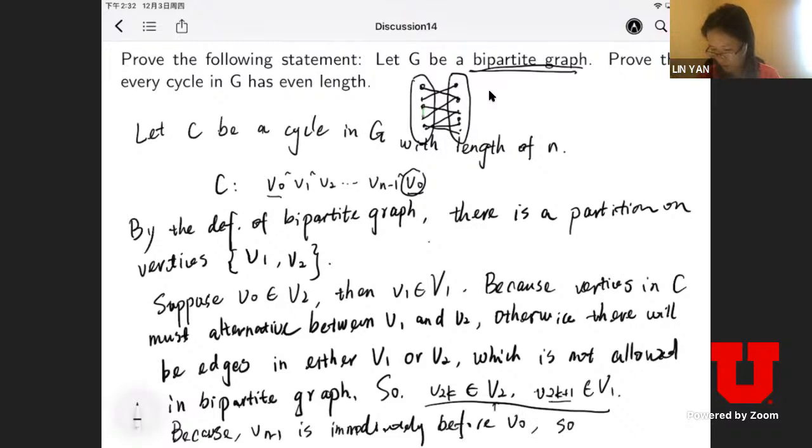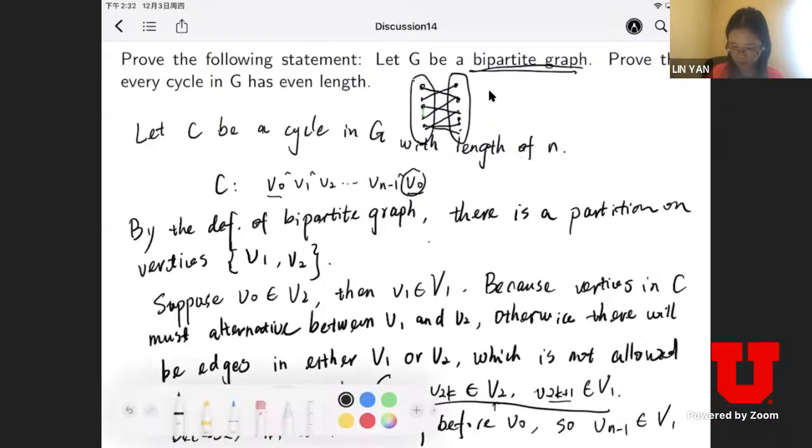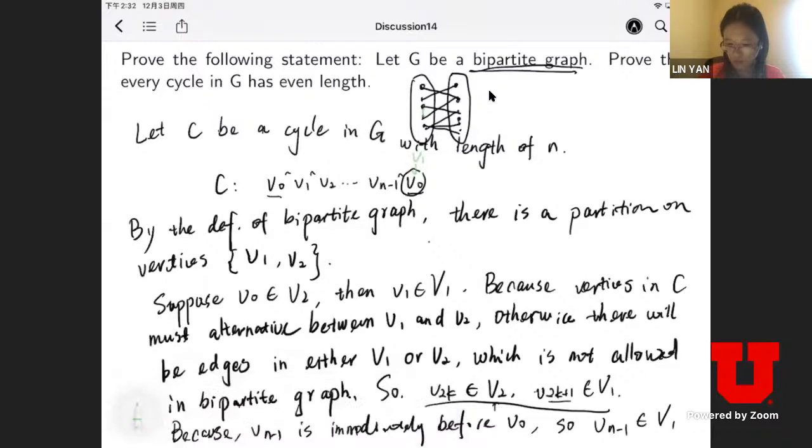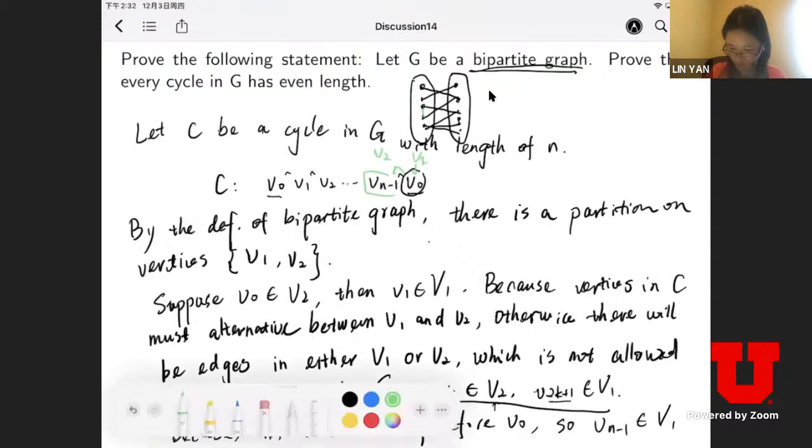Oh, sorry, V0 is in V2, so Vn minus 1 should be in V1.